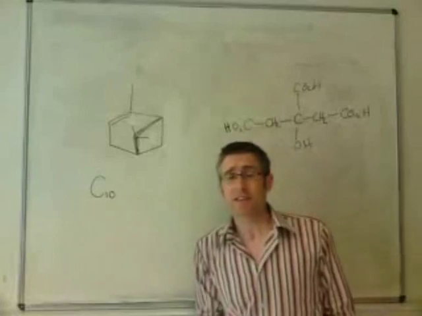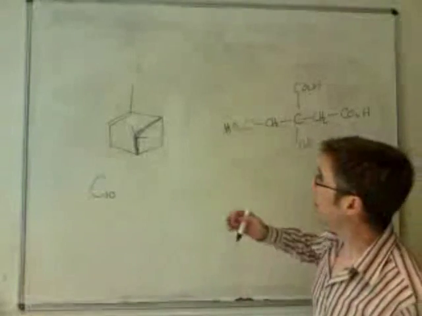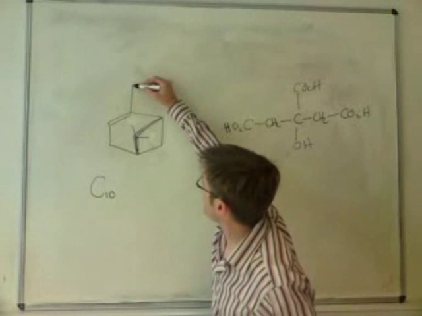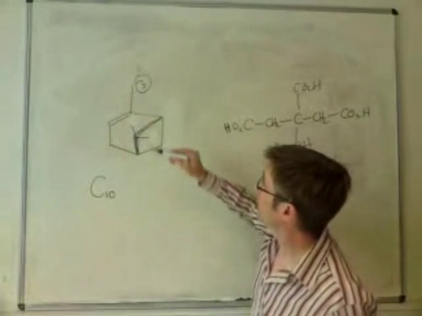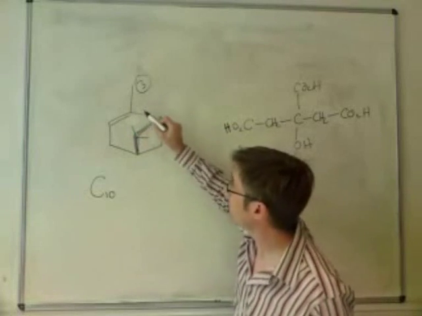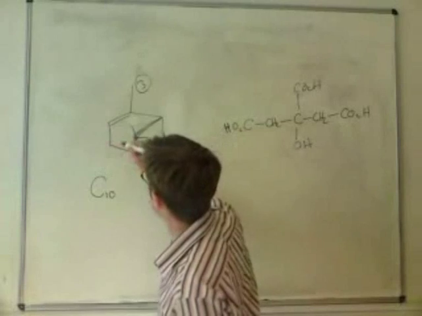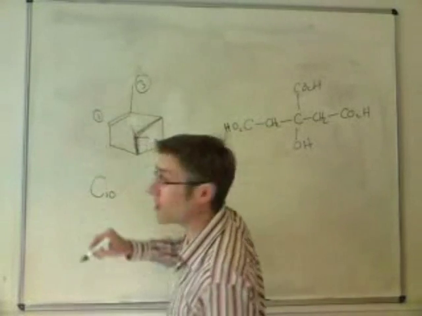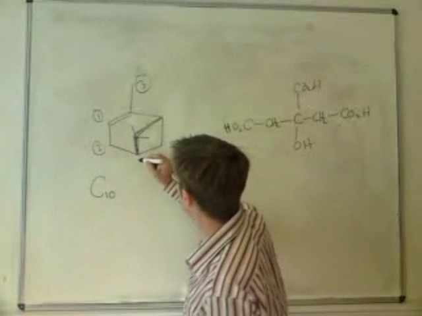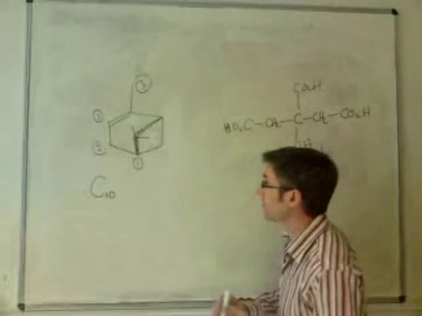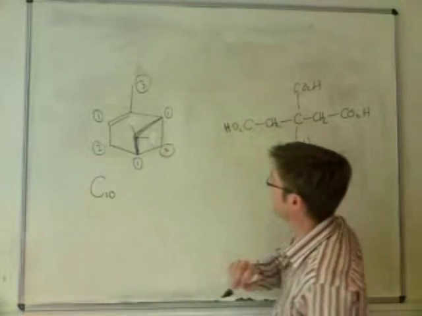We then have to count the hydrogens. That's a little bit harder. Remember, the hydrogens are hidden, so there's 1 bond to this carbon atom here. The remaining 3 must be hydrogens. This carbon already has 1, 2, 3, 4 bonds, therefore no hydrogens attached. This carbon, 3 bonds, therefore 1 hydrogen, 2 hydrogens on here, 1, 2, 3, 1 hydrogen on here, 2 hydrogens on here, 1 hydrogen on here.